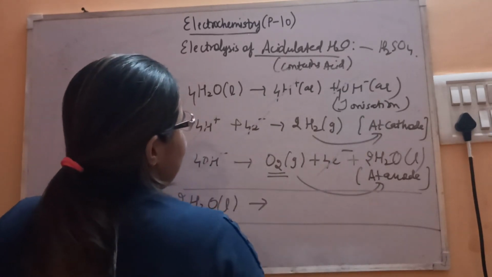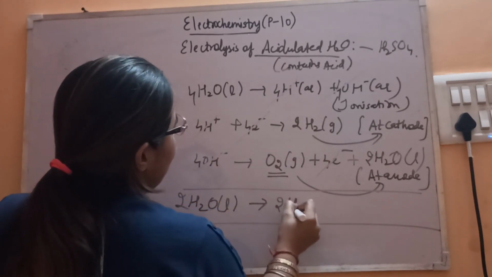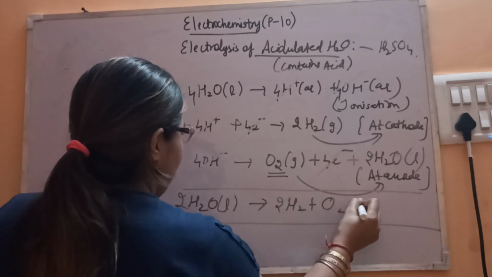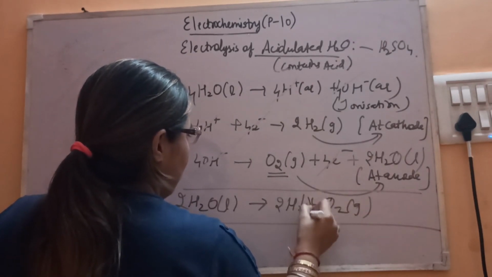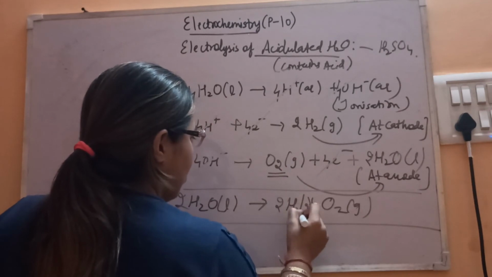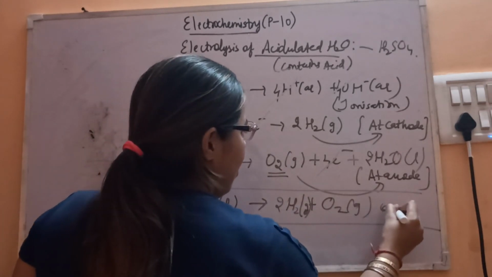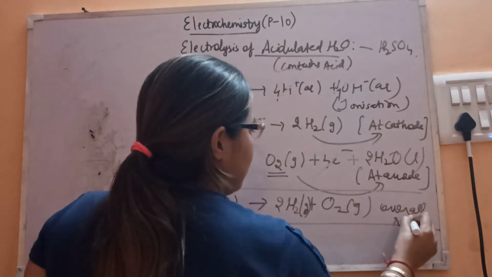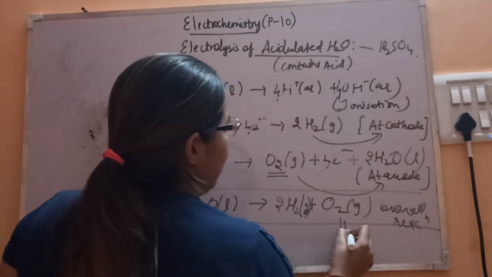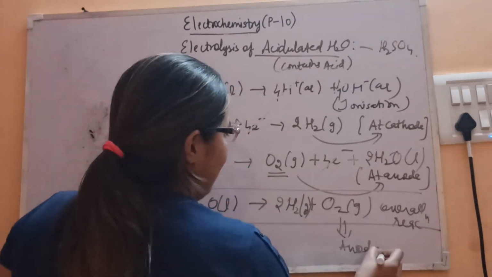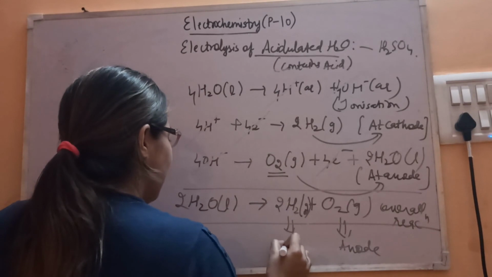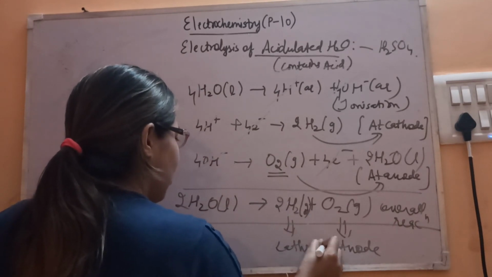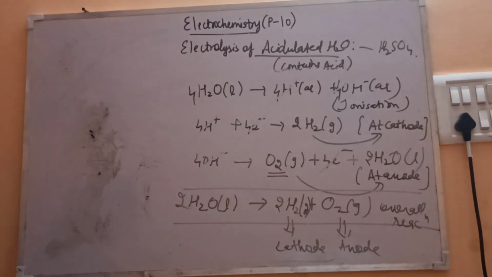OH minus will get cancelled out. So you will be left with 2H2 plus O2. So this is the overall reaction. So this is liberated at anode, and this is at the cathode.